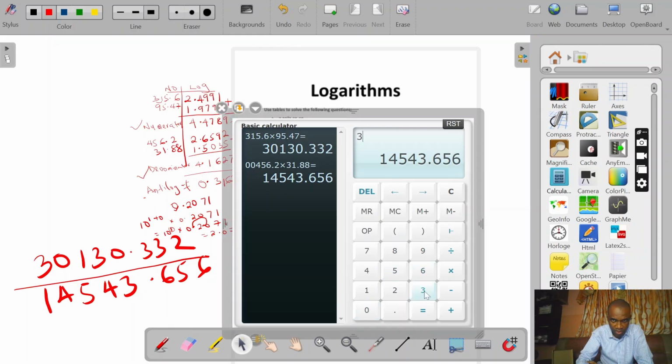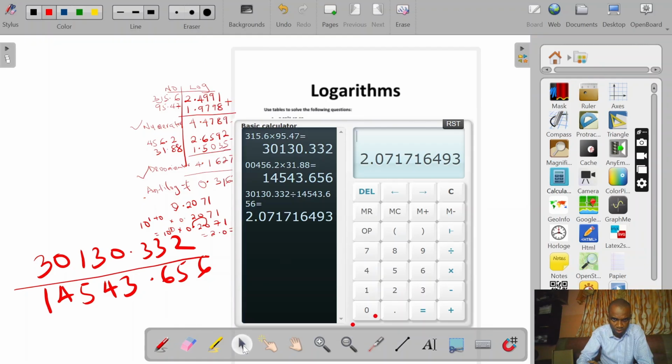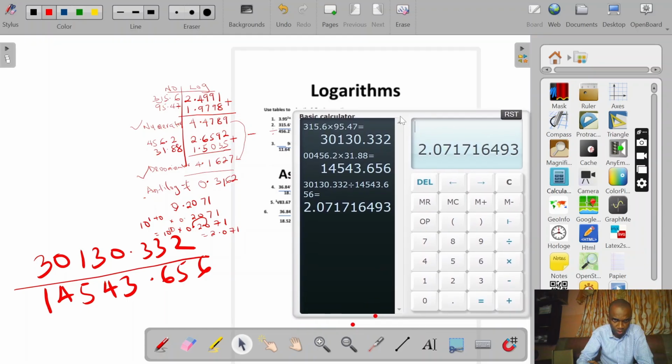So we have 30130.332 divided by 14543.656, and that will give me 2.071, which is the same answer I got here.